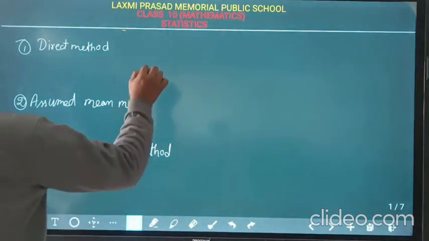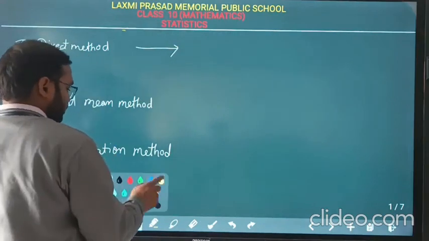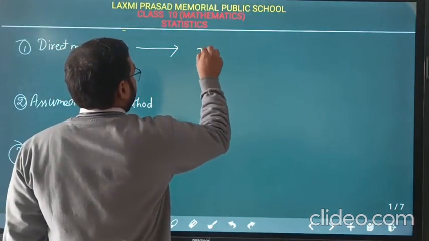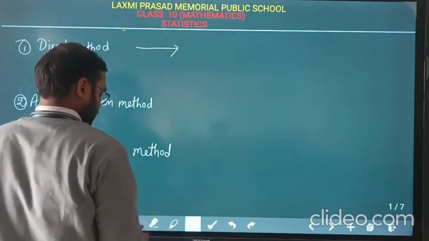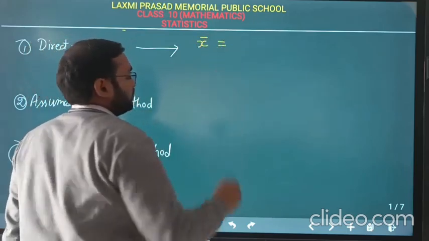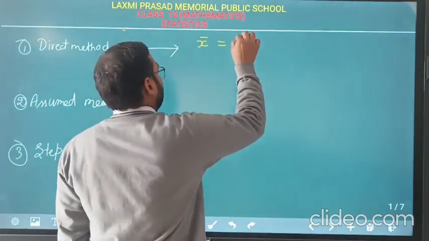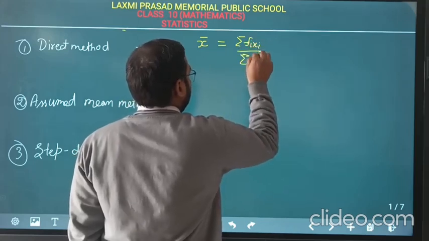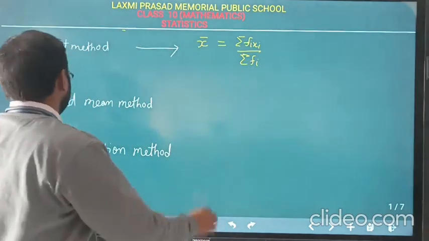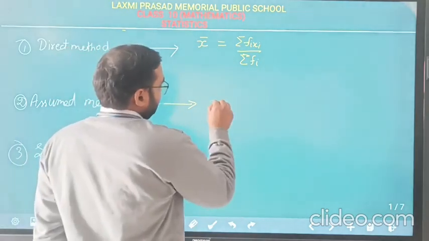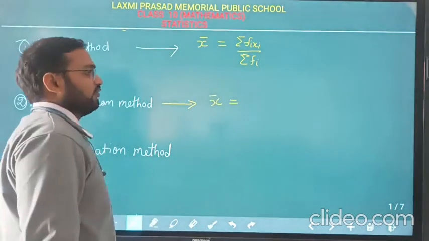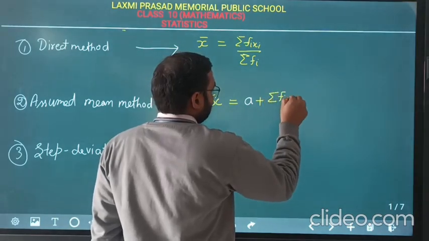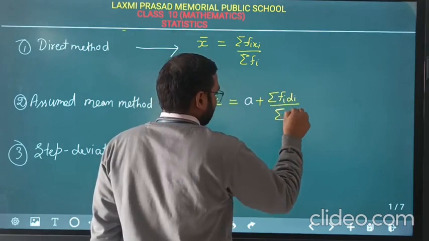As in the direct method, we used the formula x bar is equal to sigma fi xi upon sigma fi, and in the assumed mean method, x bar is equal to a plus sigma fi di upon sigma fi.